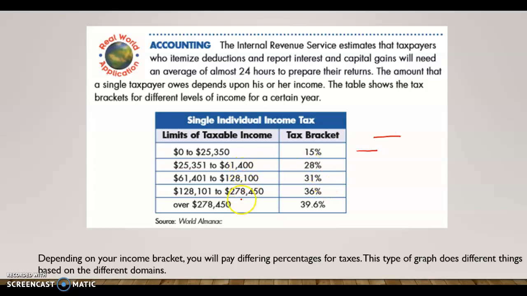And each one of these jumps for the next interval. And that's what you're dealing with from here to here: an interval that comes up to the y value of 15%. So that's what piecewise functions are: they are defined in a certain manner for a certain interval.